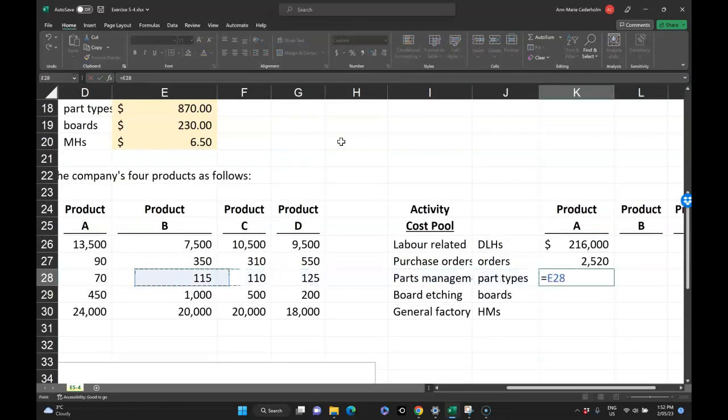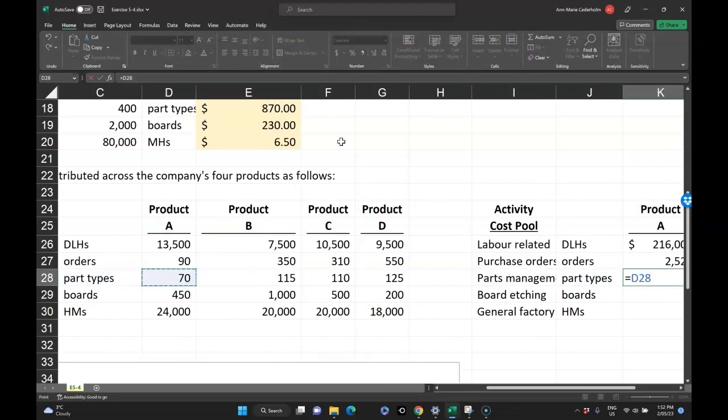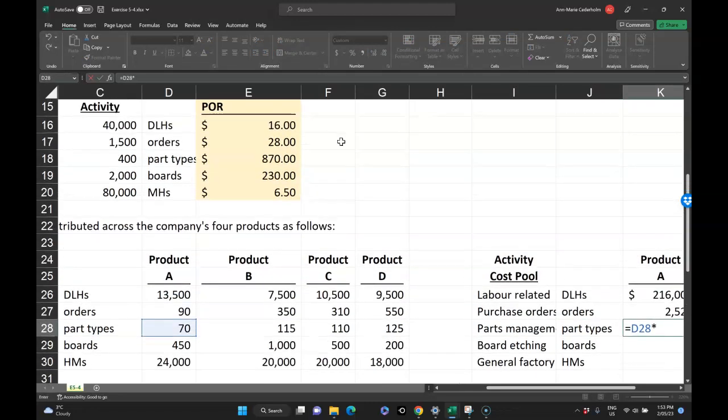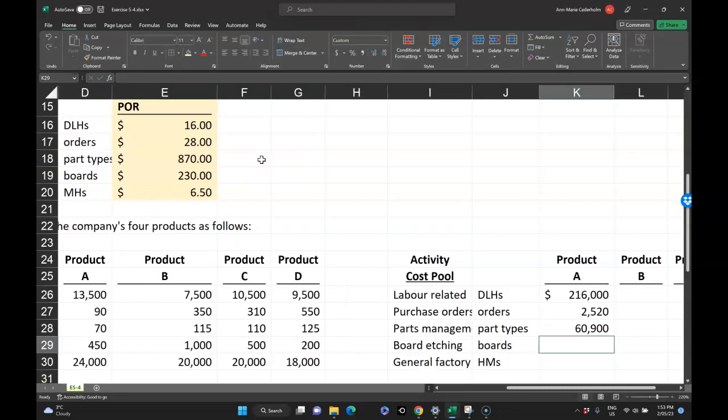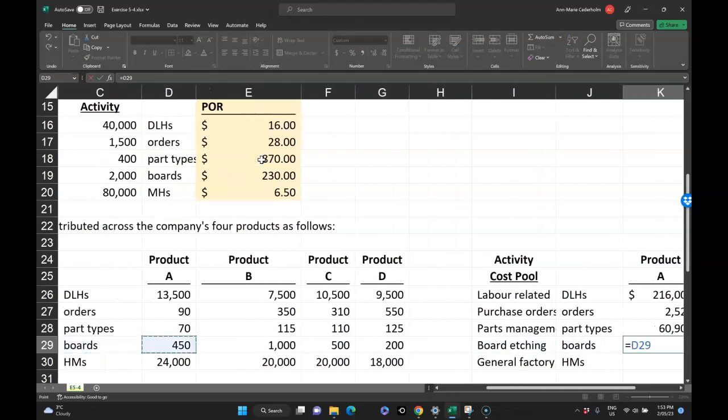I'm going to take the 70 actual parts for product A and then just multiply that by the 870. So that's what we said a part was going to be costed at. So that's 60,900. Then board etching, we're going to take 450 boards, and then we'll multiply that by $230.